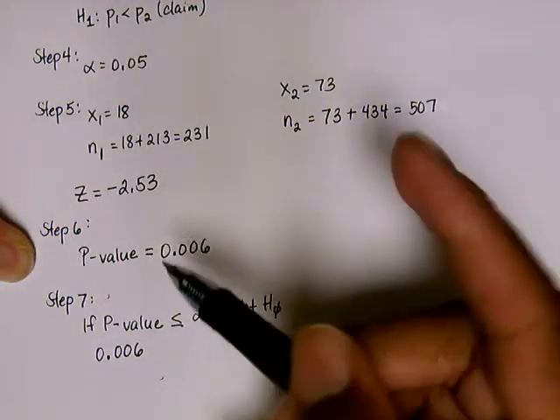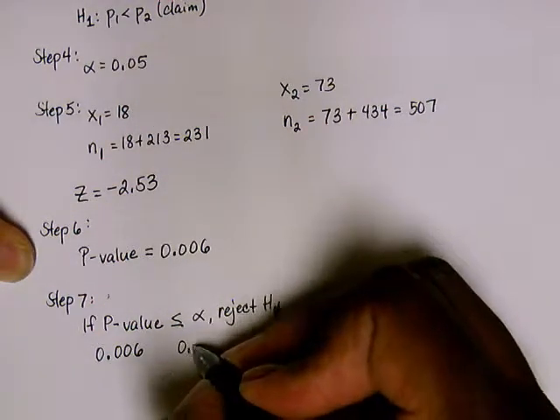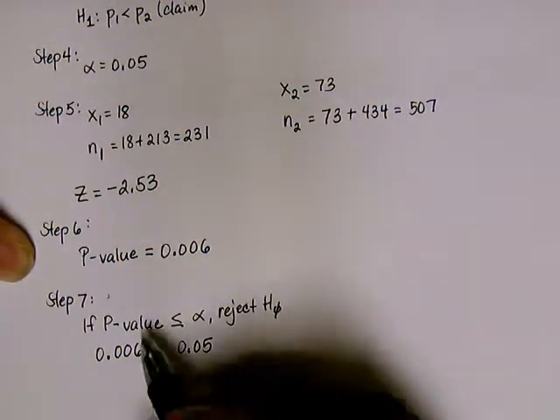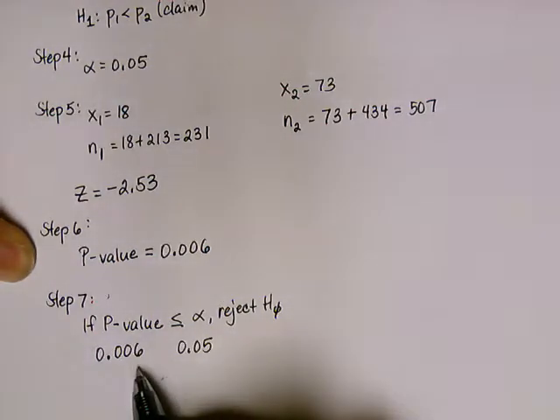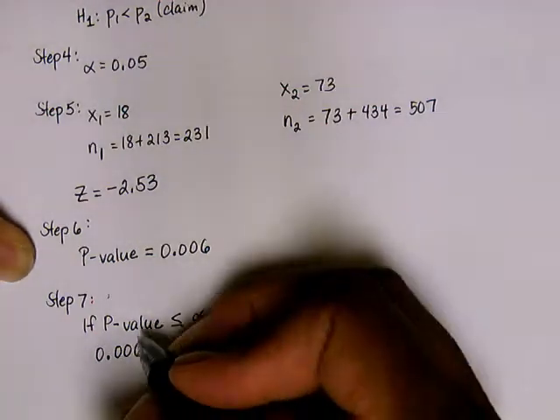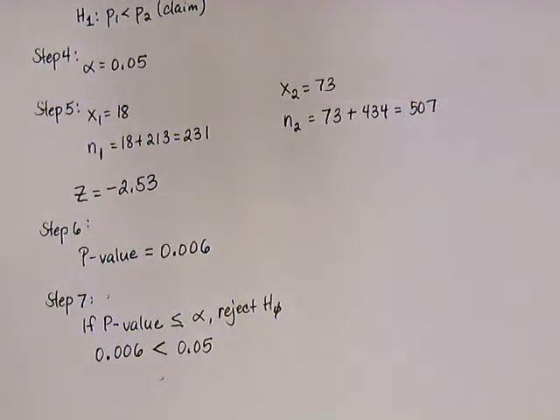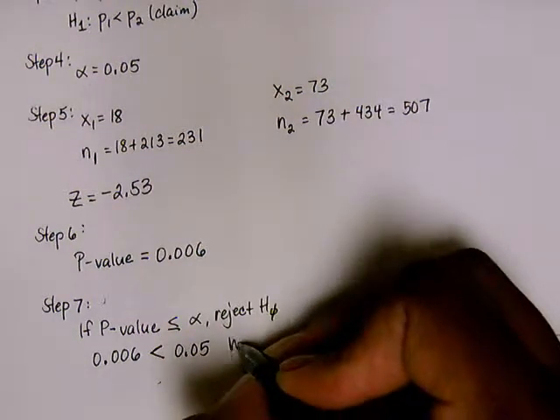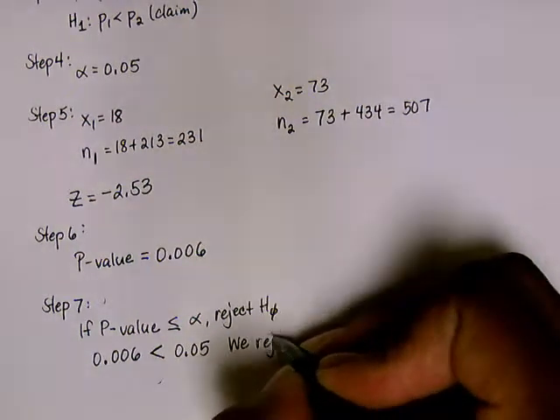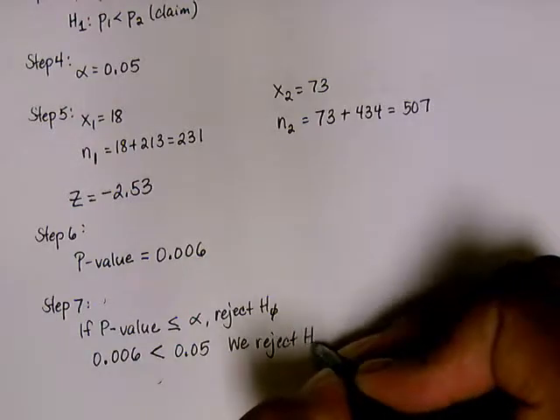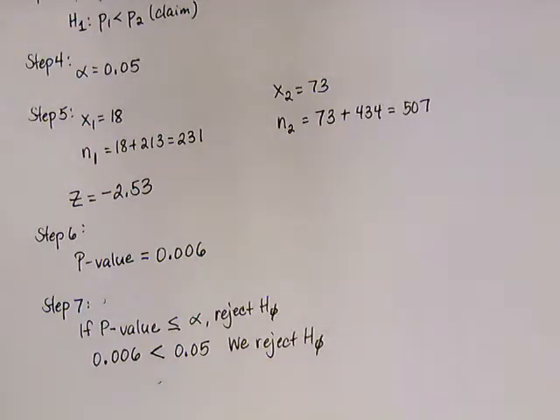That alpha level from step number 4 was 0.05. And then 0.006, you compare that, you can see that it is less than 0.05. That satisfies the decision rule. So here we're going to reject the null hypothesis. So that's step number 7.